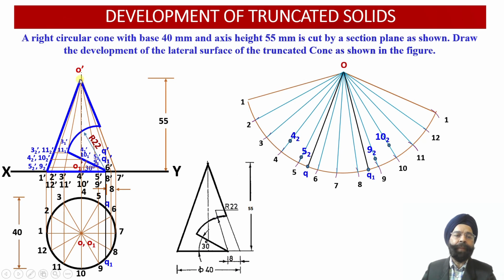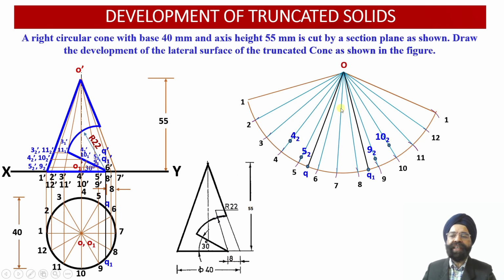So now we will be measuring the distance O dash 3 2 dash and O dash 11 2 dash as true length of the radii corresponding to the points 3 1 dash and 11 1 dash over here. So now once we measure this distance, we are going to plot it onto the slant generators O3 and O11 over here.